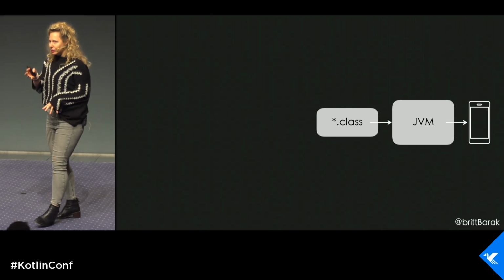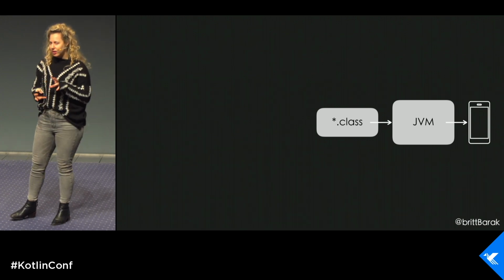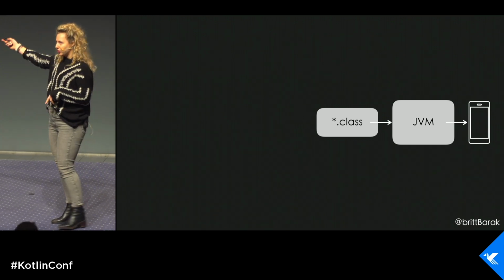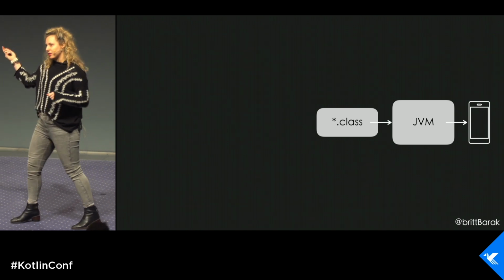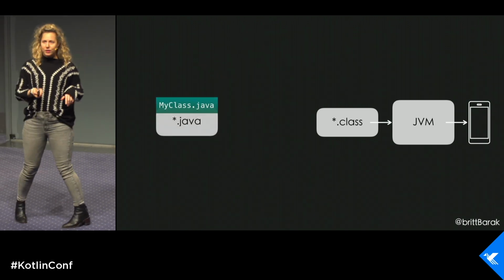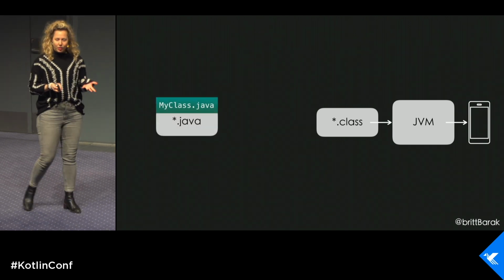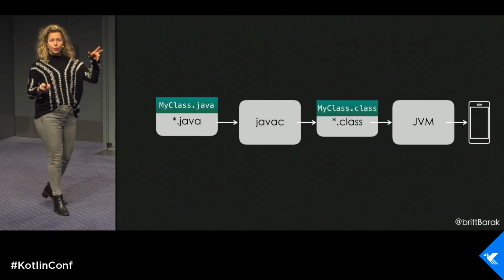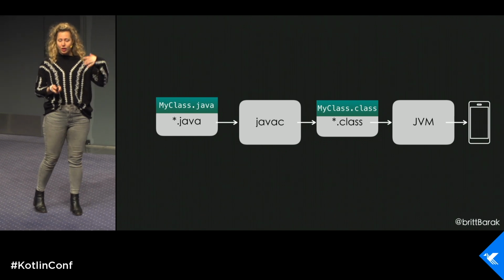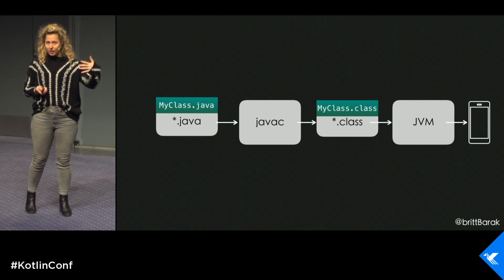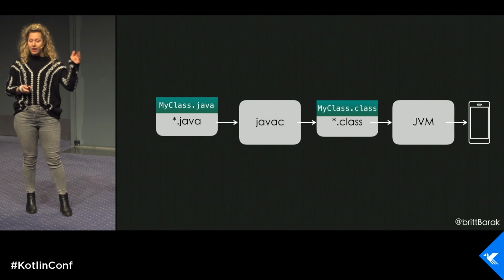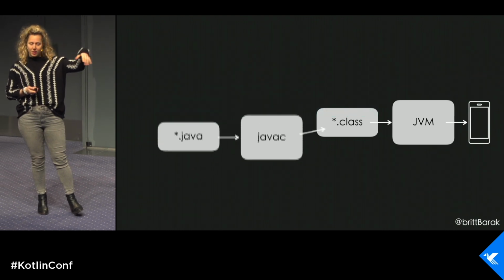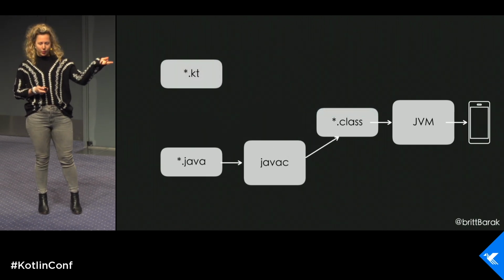So how does the code that we write in Java or Kotlin get to the JVM? We write our Java code, for example, and then it goes through javac, the Java compiler, and turns into a Java bytecode file that is sent to the JVM. Same thing, sort of, if we write with Kotlin.